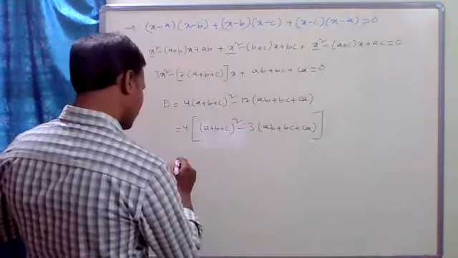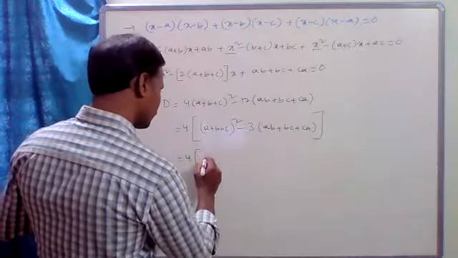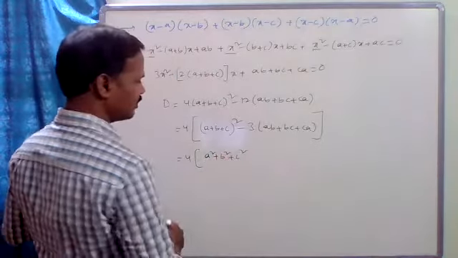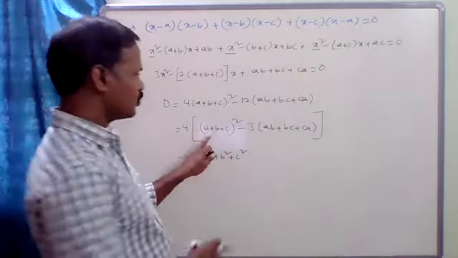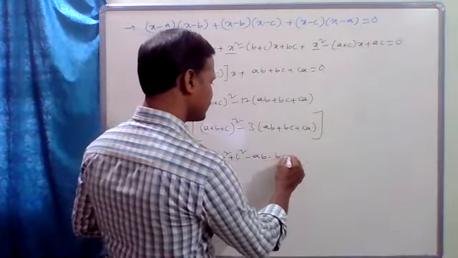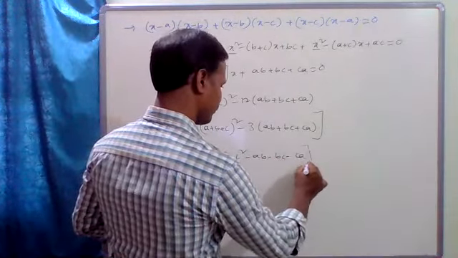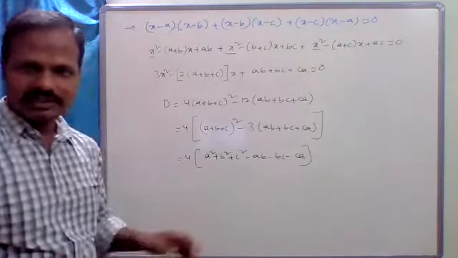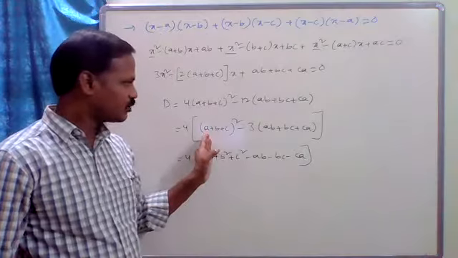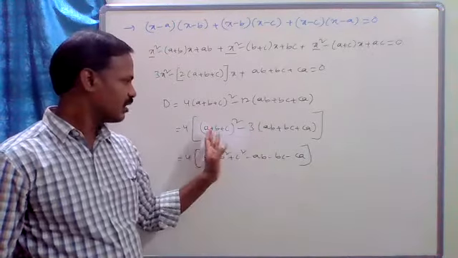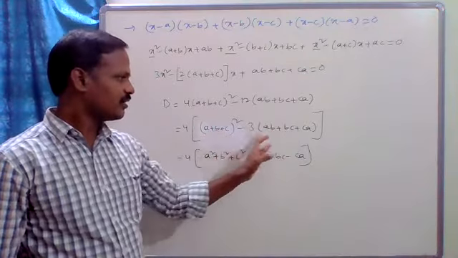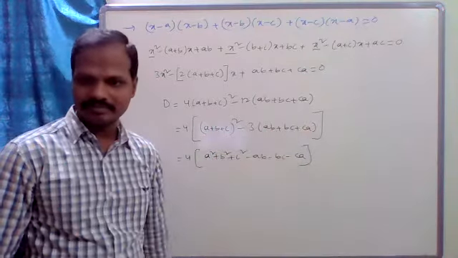So that means 4 into (a square plus b square plus c square plus 2ab minus 3ab, that means minus ab, minus bc, minus ca). Is it clear?